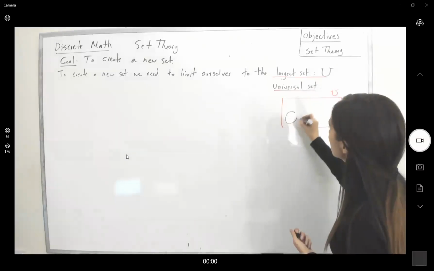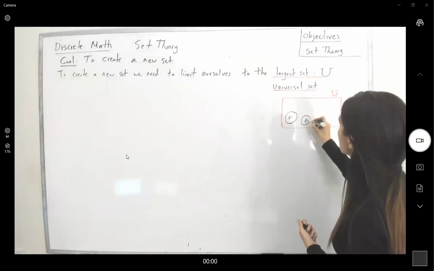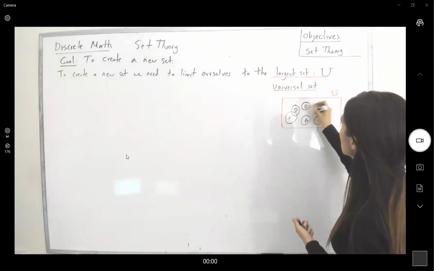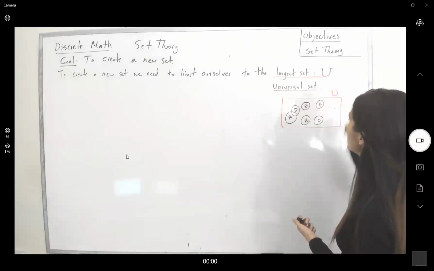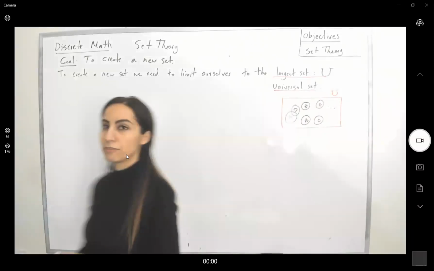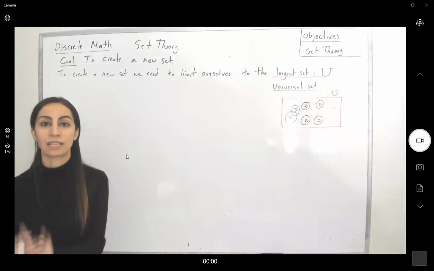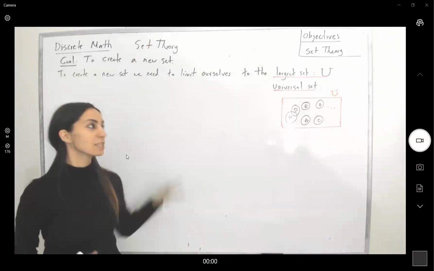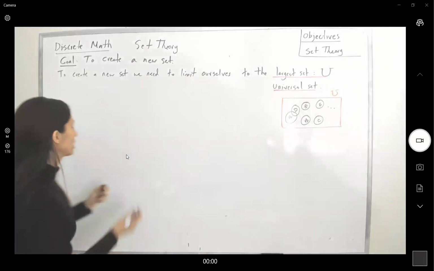A is here, B is here, C is here, D might be here, E is here, F is here, and the rest of the sets. Okay, so keep that in mind. We need a largest set possible to be able to create some new sets inside that set.